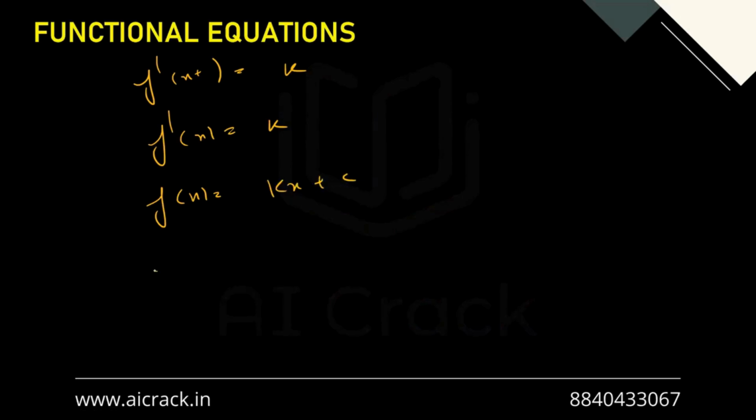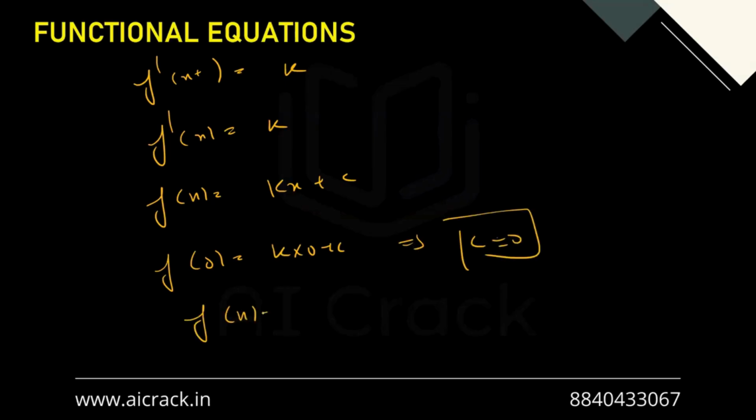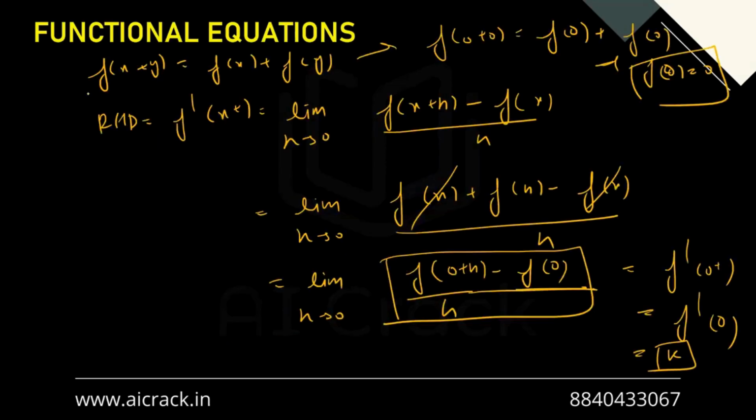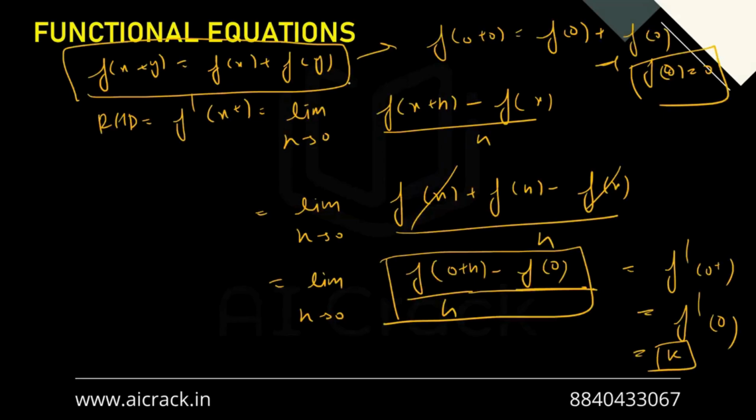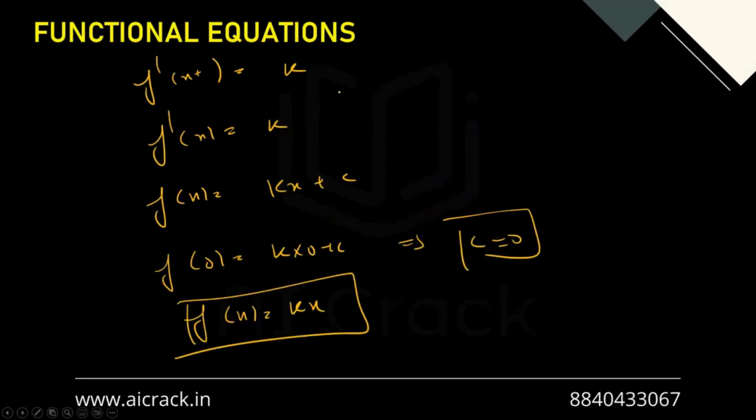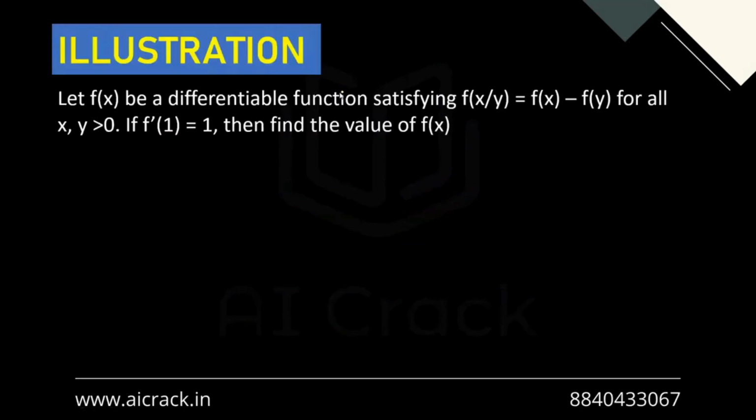Now if you put x equals 0 over here, we'll get f0 equals k into 0 plus c. That gives us c equals 0. So basically that means fx equals kx. So this is the derivation for this particular functional equation. Basically we have derived that this function satisfies this functional equation. You have to follow the same process for all the equations over here.